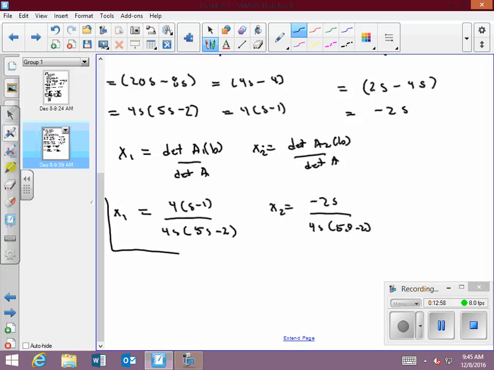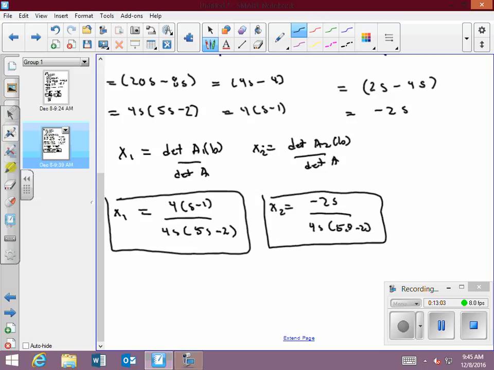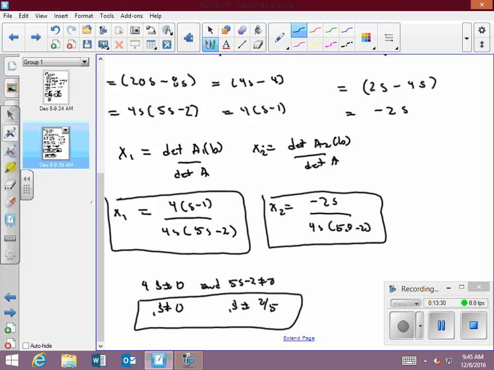So this is what x1 and x2 look like in the parameter s. 4s cannot equal 0, so s cannot equal 0, and 5s minus 2 cannot equal 0, so s cannot equal 2/5. So this is the restraint on the parameter, and this is what x1 and x2 look like.